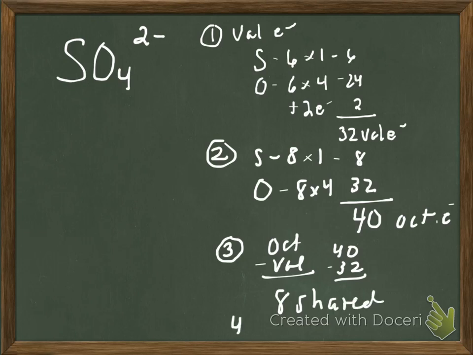Okay, and step 4, of course, how many bonds does that represent? 4 bonds. Okay, now what's our last step?